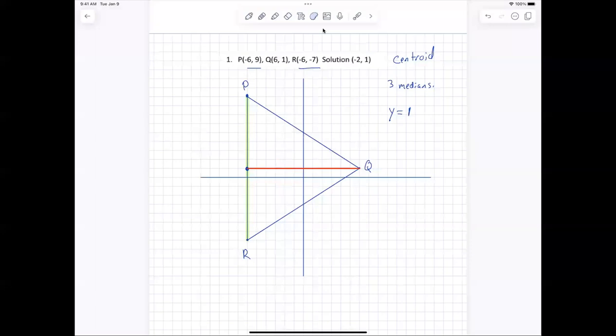Now let's find the midpoint of PQ. What's the midpoint of PQ? 0, 5. So someone is telling me that 0, 5 is the midpoint. 0, 1, 2, 3, 4, 5.